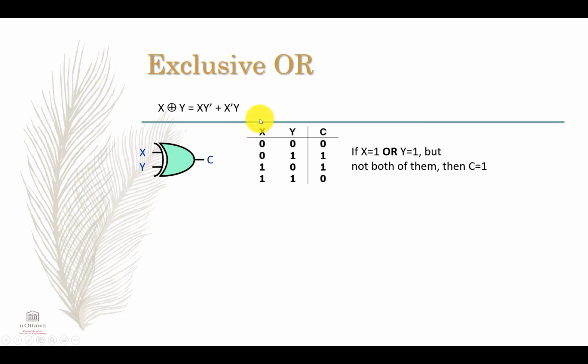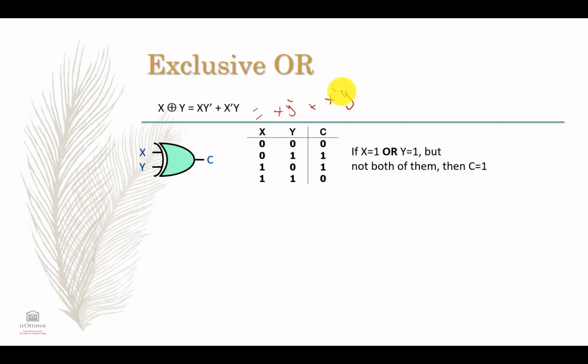So the exclusive OR can be rewritten in terms of AND and OR as x y prime plus x prime y. What does that mean?